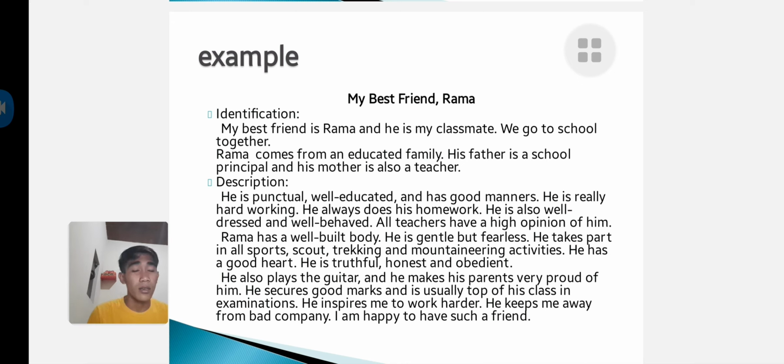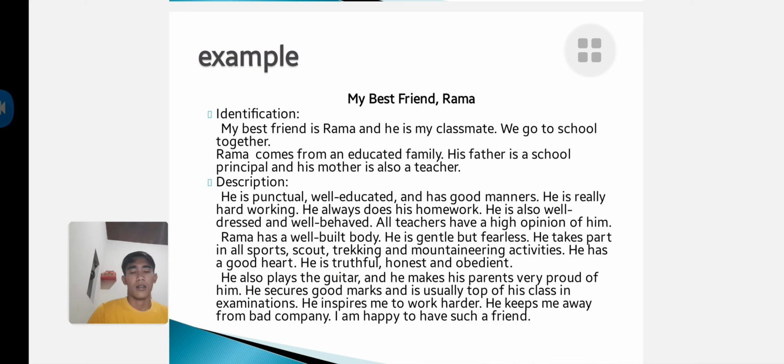You can get the standard support in identification. For example, he always does his homework. He is also well dressed and well behaved, and all the teachers have a high opinion of him. That can support that identification.